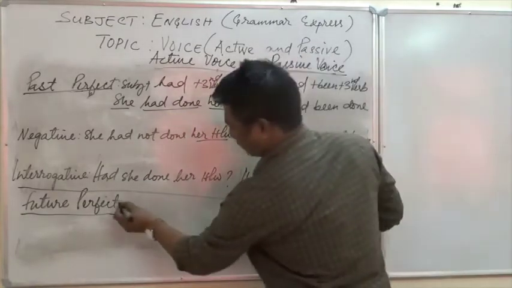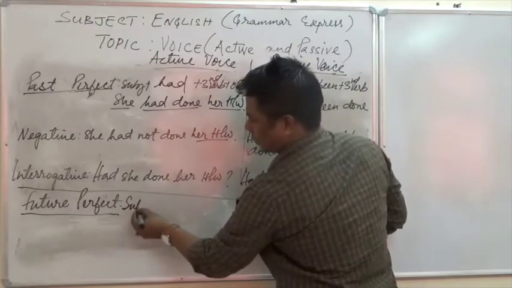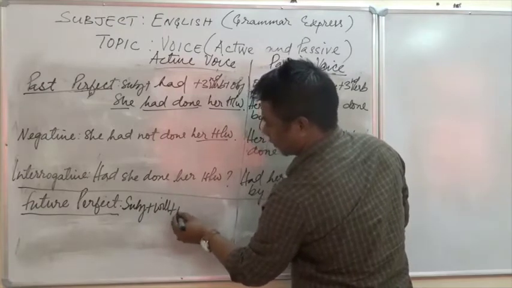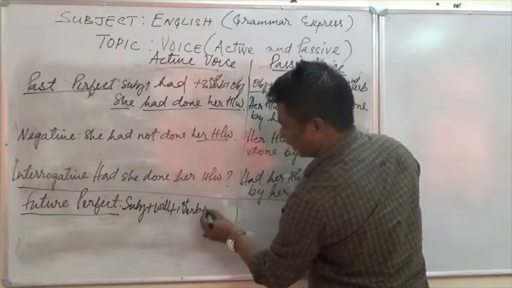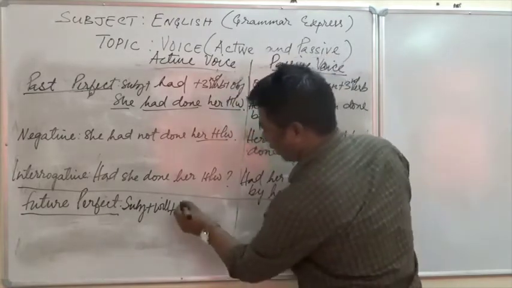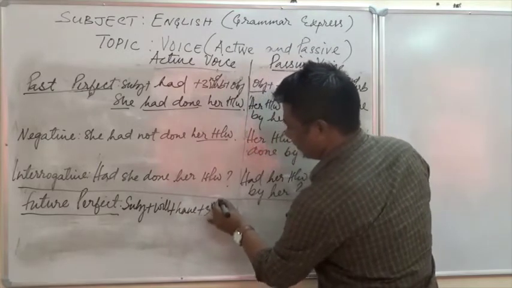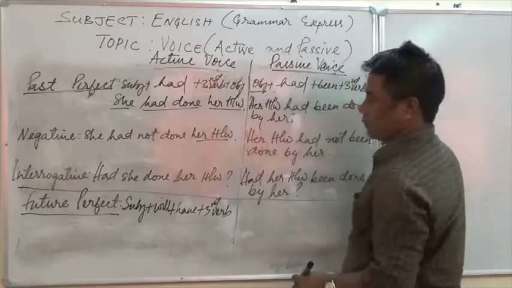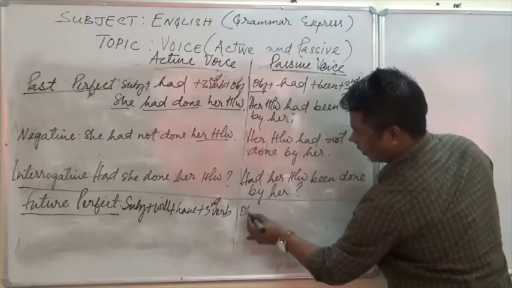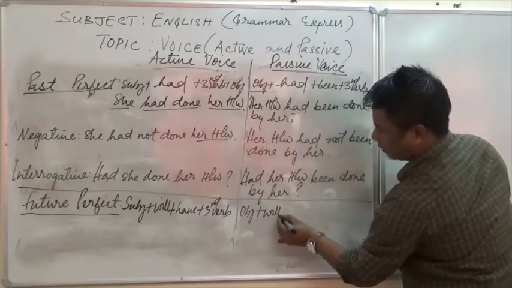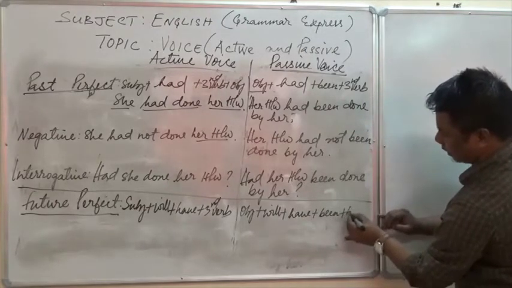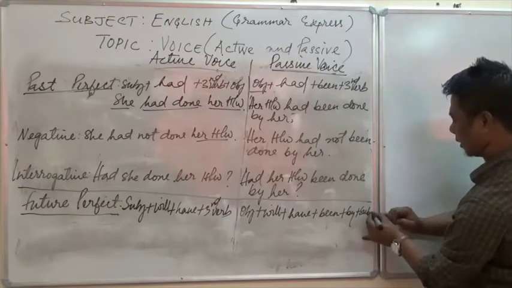We know that future perfect tense goes subject plus will plus first form of the verb and then have plus third form of the verb. If it is in a passive voice, we take the object, then will come, then have, then been, then as we know by, then the subject comes at the end.